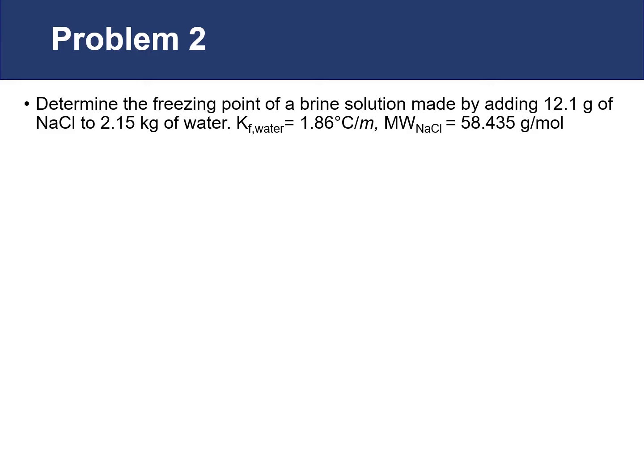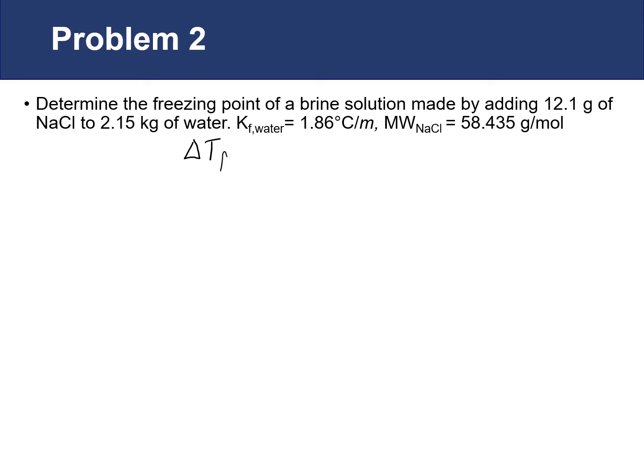Also, when you're looking up freezing point depression constants, sometimes you'll find them in degrees Celsius and sometimes you'll find them in Kelvin, but the numerical value will be the same. The reason for this is both when we're looking at freezing point depression and boiling point elevation, we are looking at the change in a temperature. And because we're looking at the change in the temperature, the difference between 1 single degree Celsius and 1 single Kelvin is the same amount.